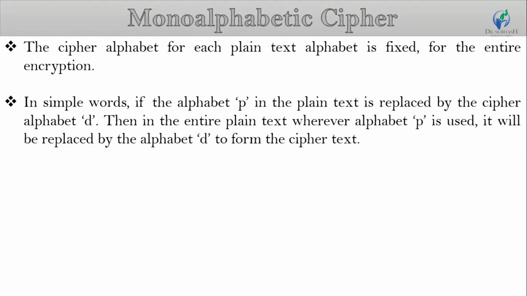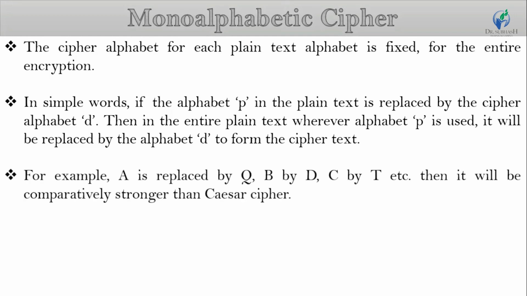Instead of shifting alphabets by a fixed amount as in Caesar cipher, any random permutation is assigned to the alphabets. This type of encryption is called monoalphabetic substitution cipher. For example, A is replaced by Q, B is replaced by D, C is replaced by T, etc.